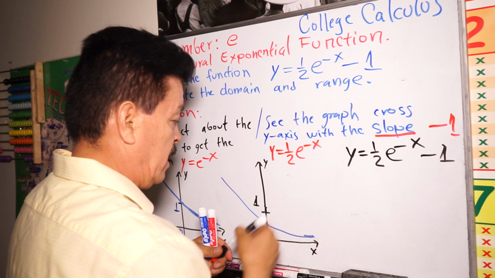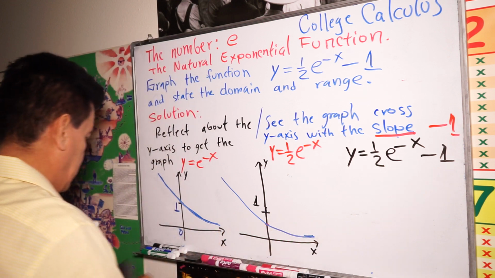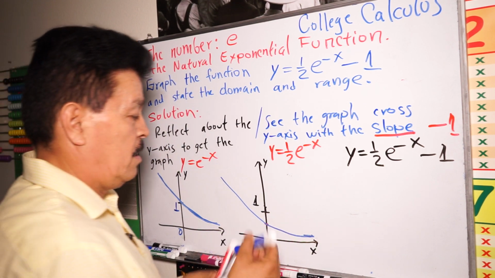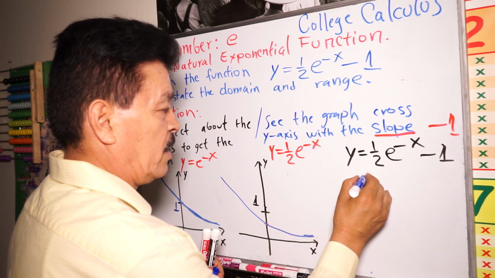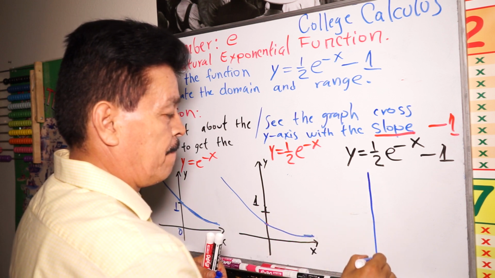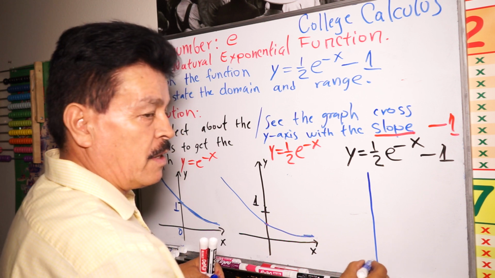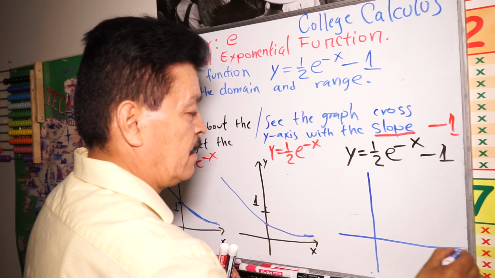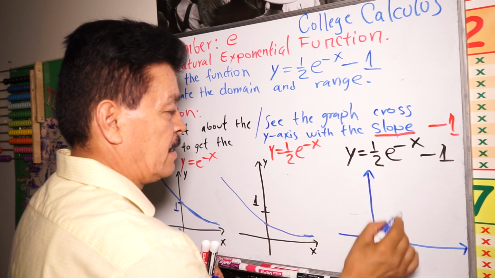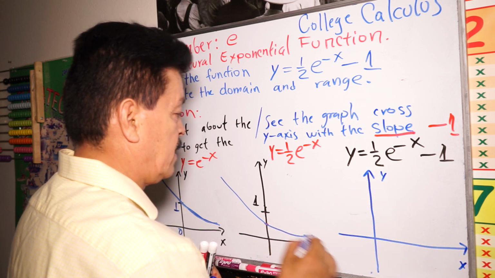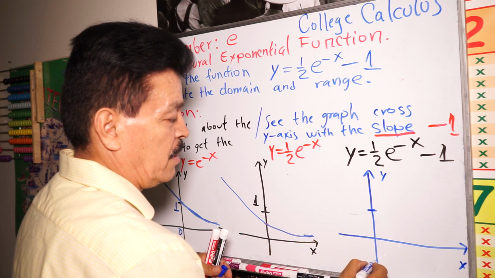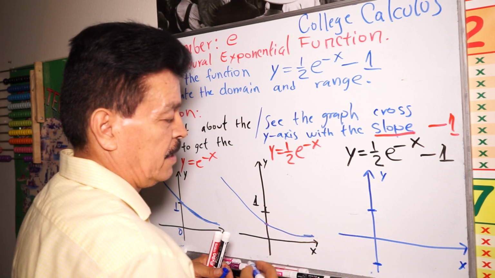So let's write the graph right here. I'm gonna use this color to do the graph. So look at this. This is y, this is x, and then you have 1 unit here, another unit right here.